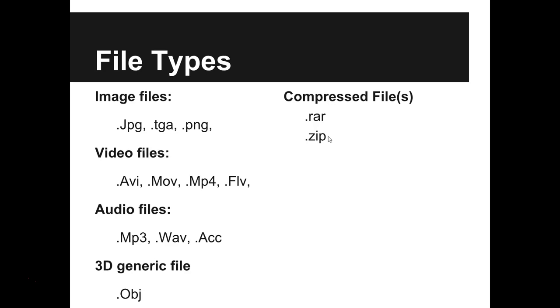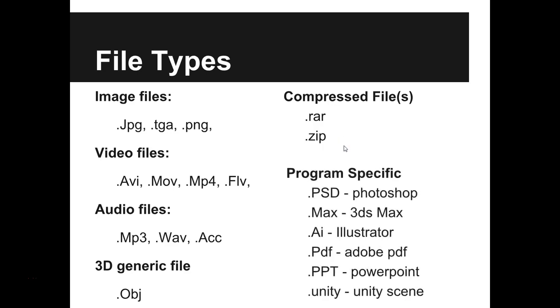You can compress everything in one file, so you can put a bunch of files in one file, compress it, and then email it. And it shrinks it down to save size, save the memory. Then there are also program-specific files. So it'd be pretty hard to open up a PSD in most programs, unless you have Photoshop.